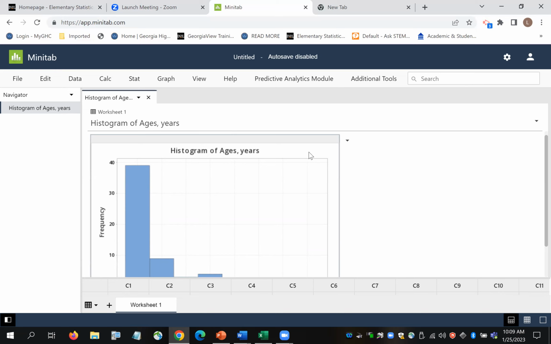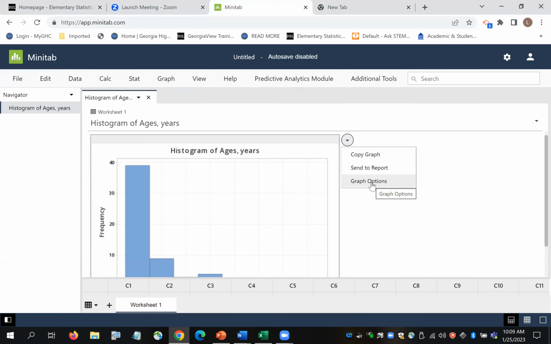To do that, notice how I have my graph selected and there's this dark blue square around it. In the upper right hand corner, you should see a little upside down triangle. I'm going to click on it, and it gives me some options for my graph.